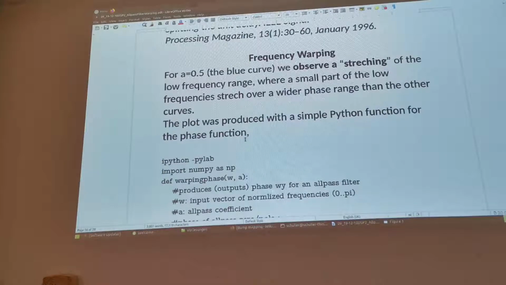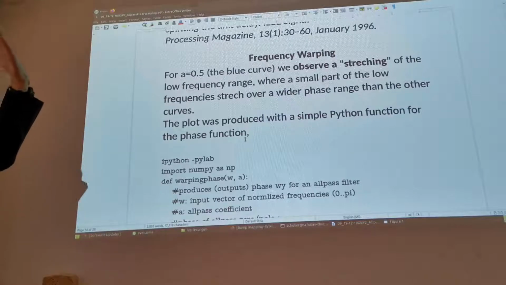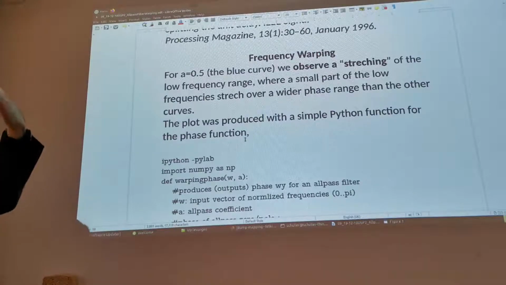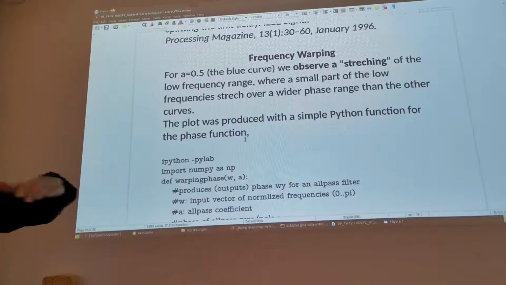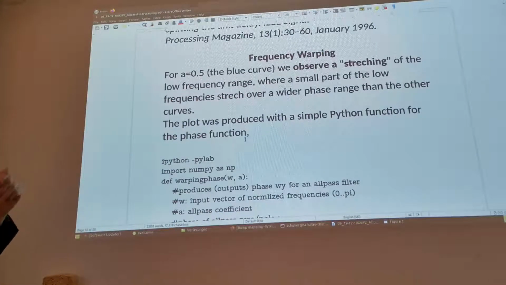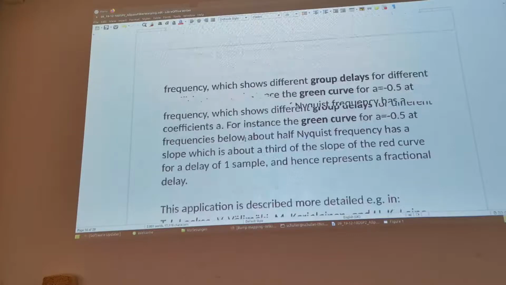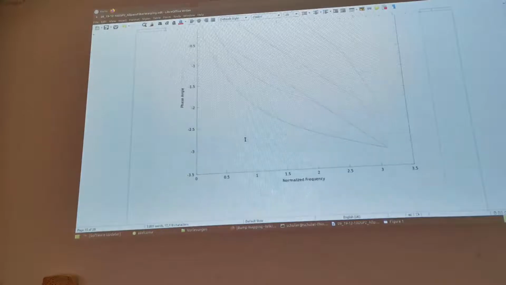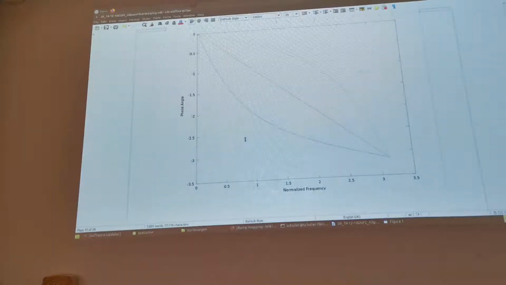If we increase our normalized frequency a little bit, it falls down more quickly than the unit delay. And towards the end it catches up. So it's also mapping the same input to the same output, but it hurries over the low frequencies.